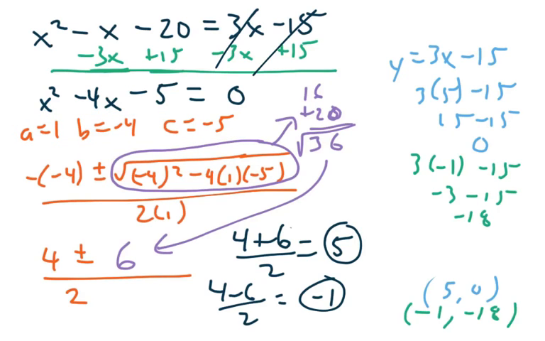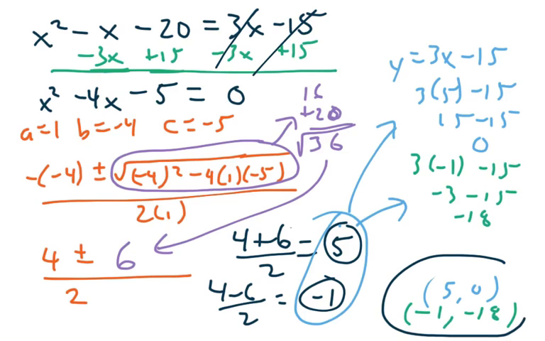And after I did the quadratic formula, notice I came up with my x's of 5 and negative 1. And what I proceeded to do over here and here is plug in the 5 and negative 1. And if you look in the bottom of my screen here, I came up with both solutions, 5, 0, and negative 1, negative 18.